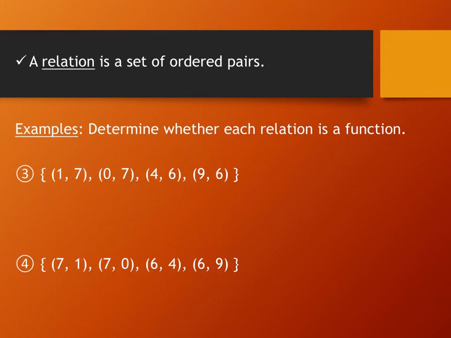So what I want to identify are the inputs. I'm going to draw this out just so that we can see it a little bit differently. What are my inputs for number 3? 1, 0, 4, 9. Fabulous. So the x values, right? 1, 0, 4, and 9.